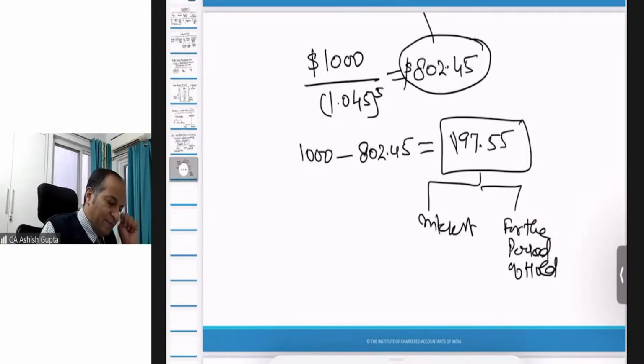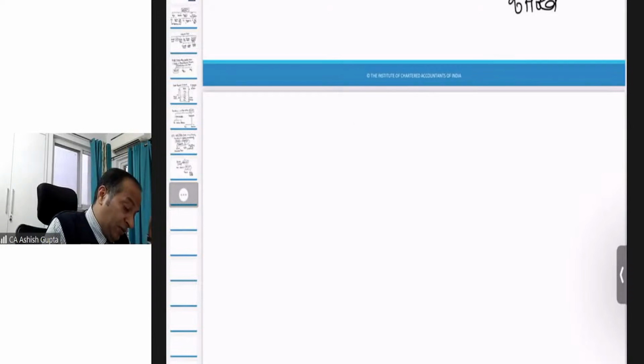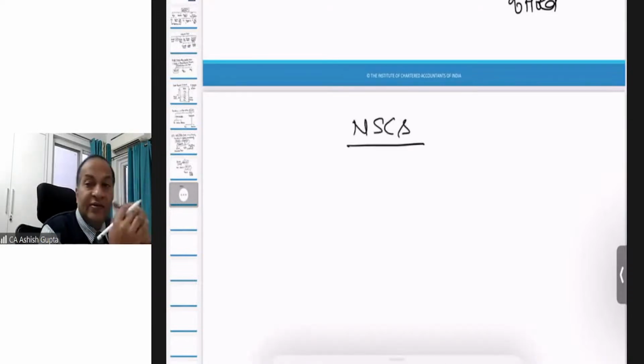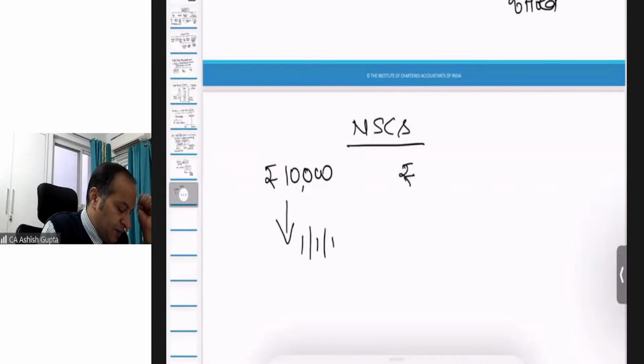Now, I will give you a very simple example. When you are doing some calculation of income tax, there is a concept of NSCs, National Savings Certificate of the Post Office. Normally, what happens? They are issued as, say, an instrument of 10,000. I do not exactly know what rate of interest is going on, but approximately, say I have taken the securities in 2015. The tenure is 5 to 6 years.